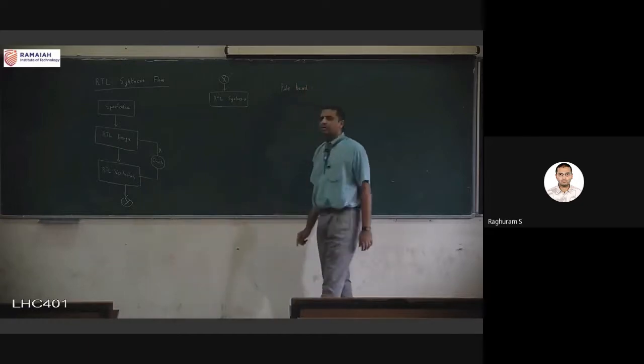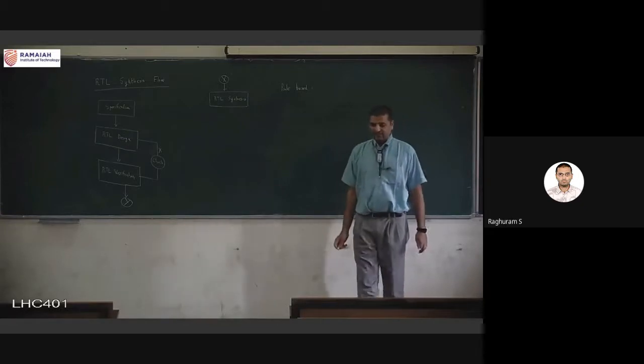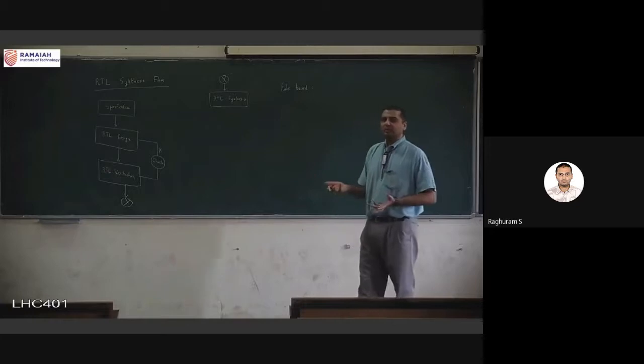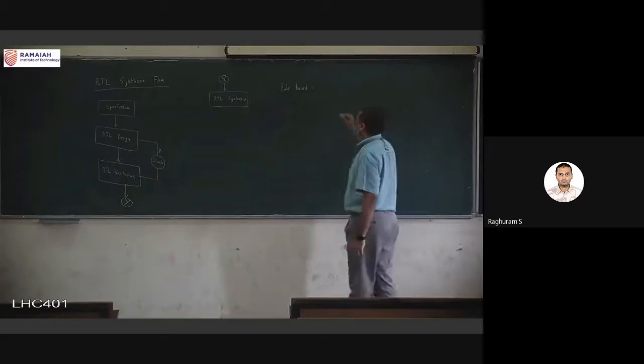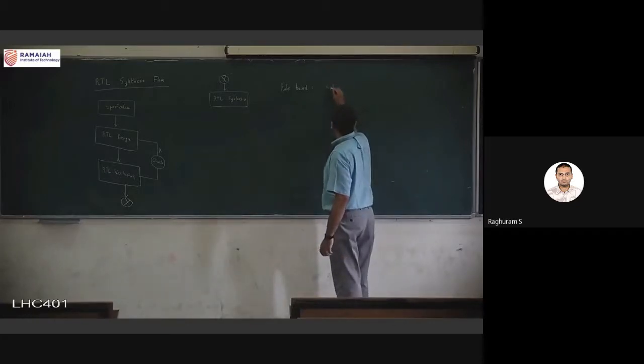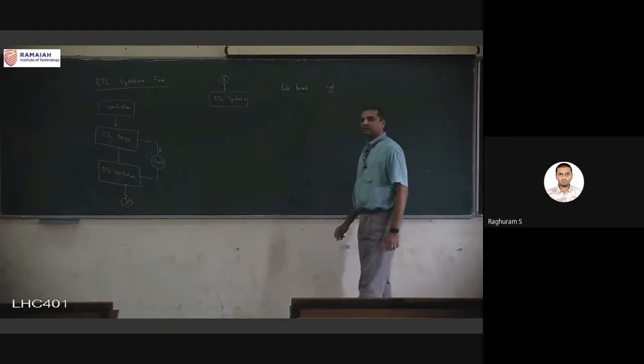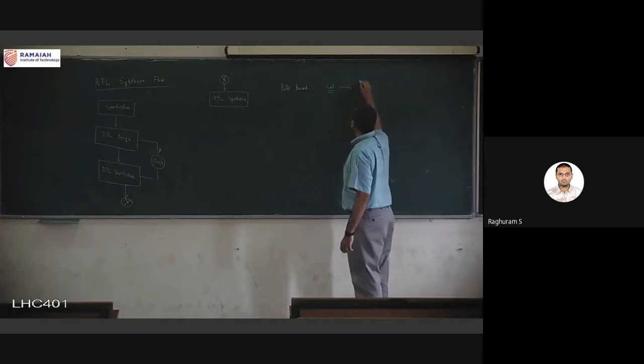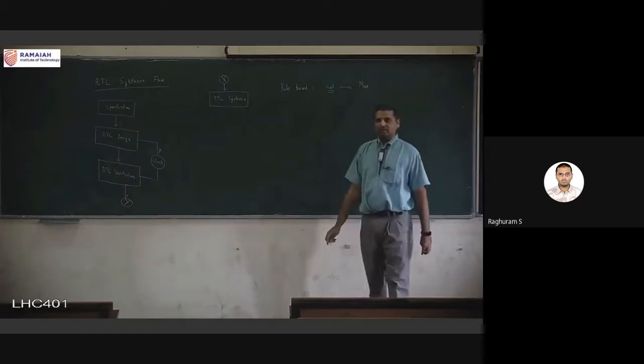generally the most common way to do RTL synthesis is to have a rule book. Okay, this rule book is something like a lookup table. For example, select. If you have select in your Verilog code, that typically translates to a mux, multiplexer.